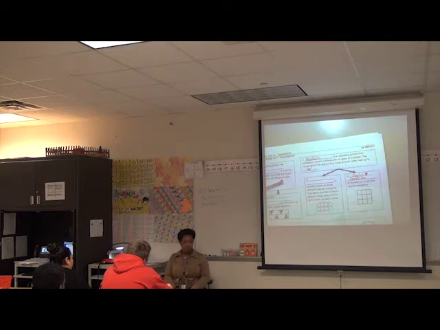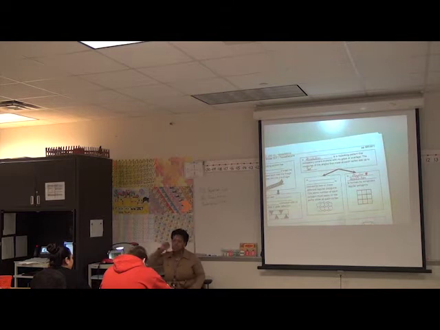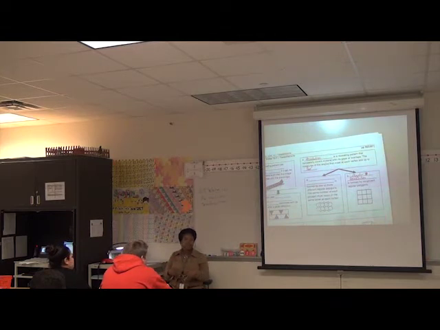Congruent sides and congruent angles. All the sides have to be congruent to each other, all the angles have to be congruent to each other. That's what makes it a regular polygon.